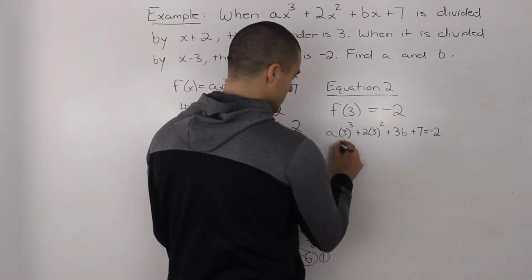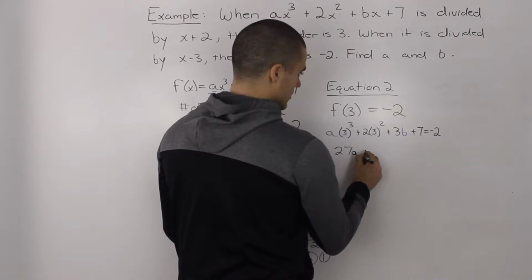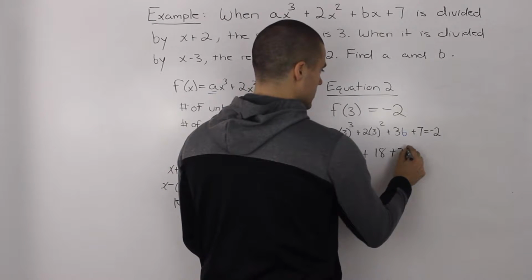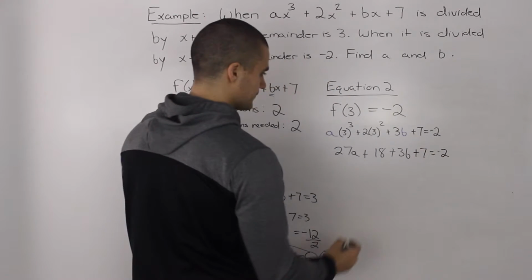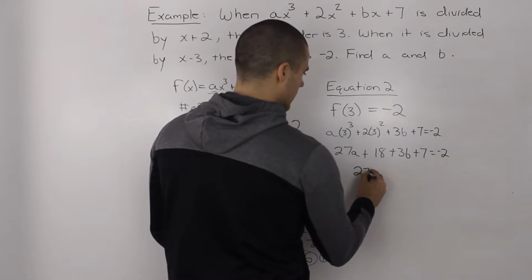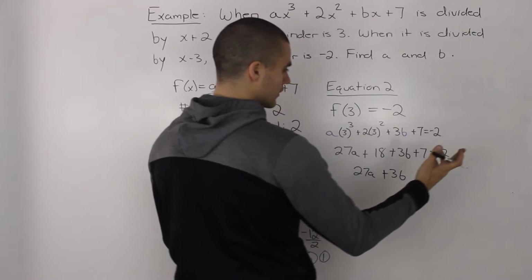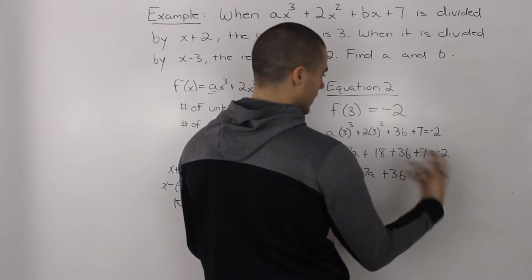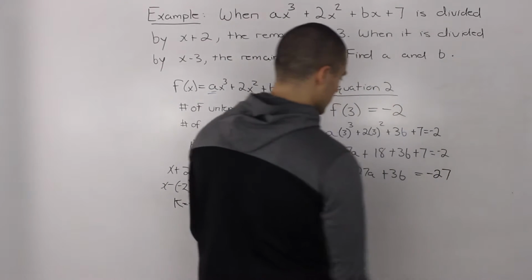So simplifying all this, 3 to the power 3 is 27a, plus 3 squared times 2 is 18, plus 3b, plus 7 equals negative 2. Now taking the 18 and the 7, bringing it over, we'd end up with negative 2 minus 7 minus 18, which would give us a value of negative 27.